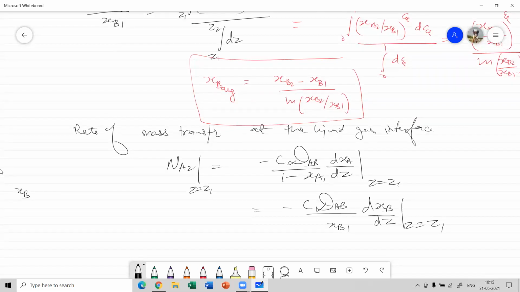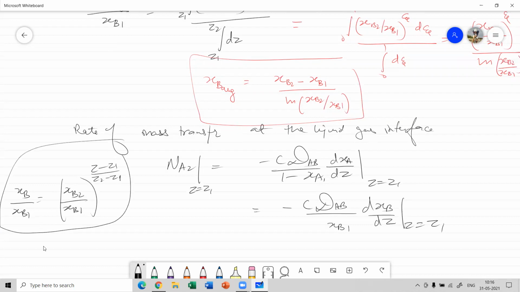We have the expression of xb: xb over xb1 is xb2 over xb1 raised to power z minus z1 over z2 minus z1.